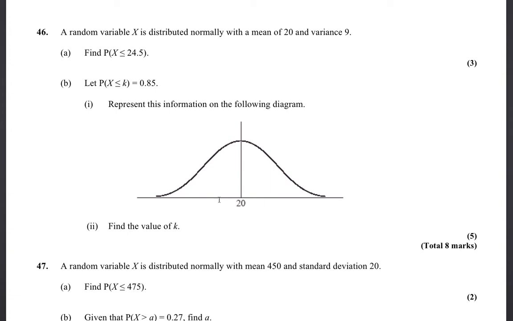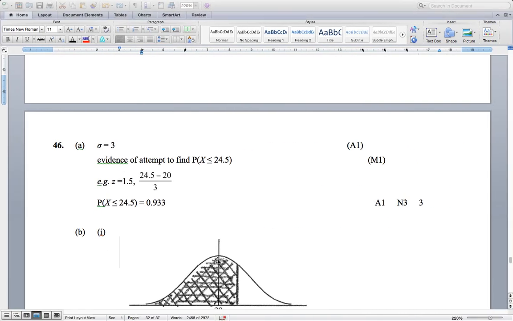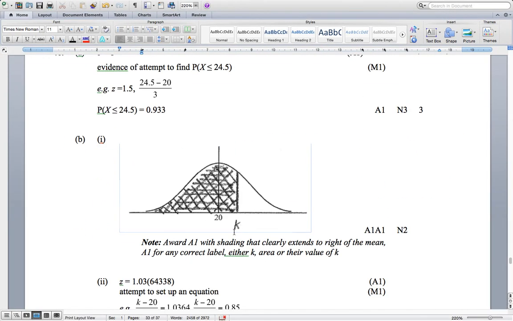Because if k is to the left hand side of 20, then this area will be 0.85, which doesn't make any sense. So k has to be on the right hand side of 20. So k has to be somewhere here, so that the area to the left of k will be 0.85. So like this, you can see here, k is on the right hand side of 20.